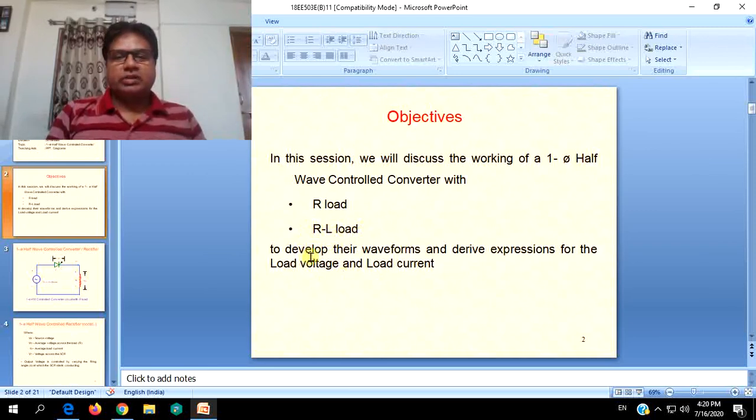Mainly this sort of load will be the motor, and also we will be developing the waveforms, how the load voltage, load current will vary, how their shapes will be varying with respect to the source voltage and SCR voltage and SCR current, and also will derive expression for those values, load voltage and load current.